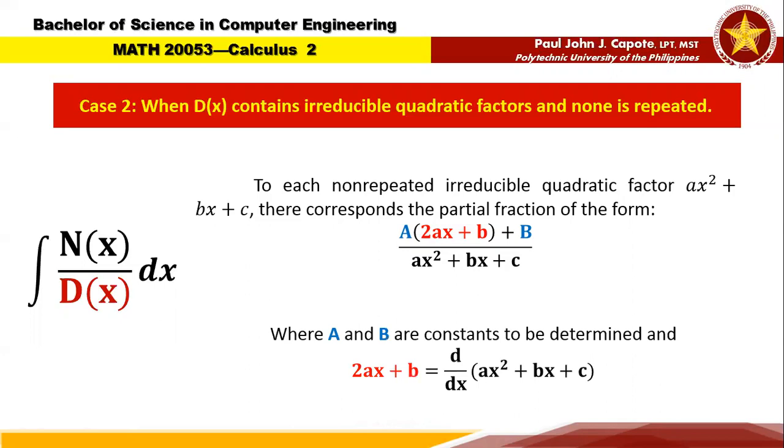Now, where a and b are constants to be determined, and this expression inside the parenthesis is actually the differentiated function of the non-repeated irreducible quadratic factor.